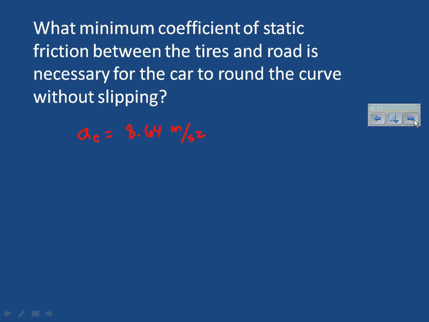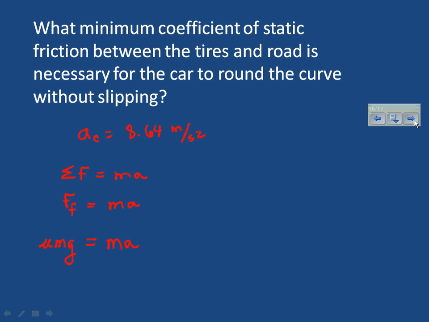So, minimum coefficient. Summation of forces on our car. Well, only friction's holding it to the road. And friction is mu mg. Remember, it's the coefficient of friction times the normal force, and the normal force is equal to weight on a horizontal surface. And that's equal to m times a.